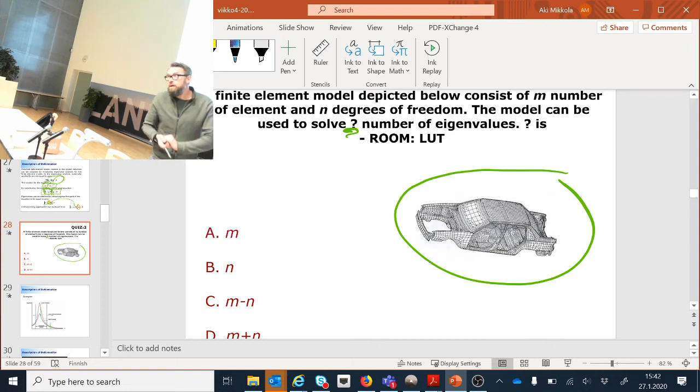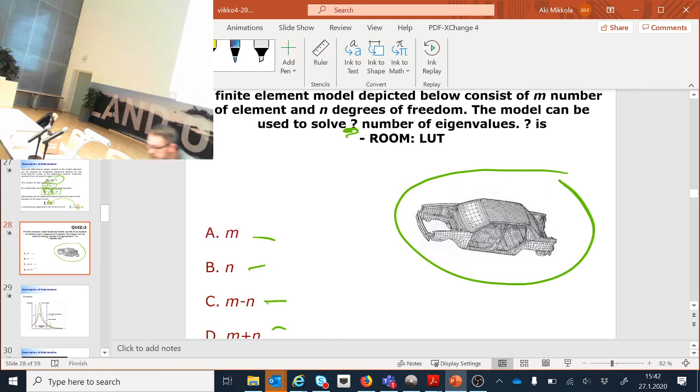My question is, how many different ways does this finite element model deform? Options are n, m minus n, m plus n. How about the different ways that the structure can deform? Let's take a look.